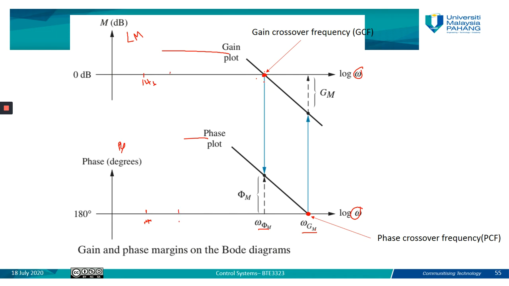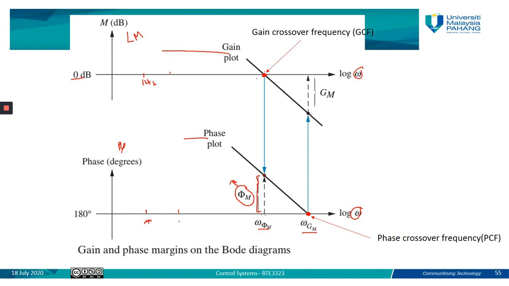If we have these two graphs, we can just draw a straight line from the crossing of the log magnitude into the phase frequency here. When we draw this, the value which is here, this margin, we call the phase margin. We draw a line from the crossing point with the 0 dB axis, then the value between the phase plot and the 180 represents our phase margin.